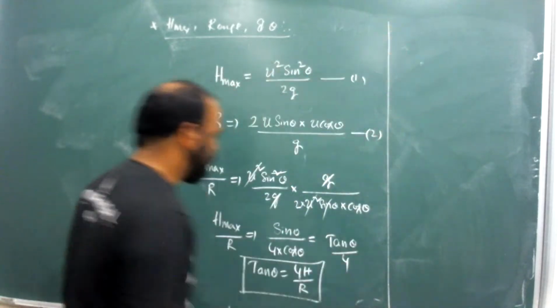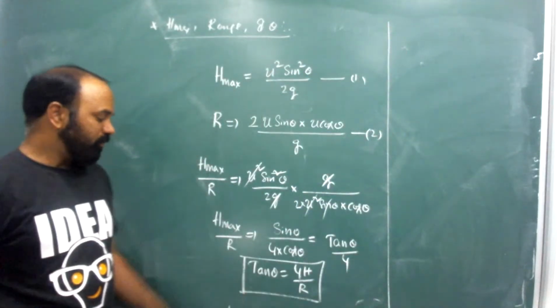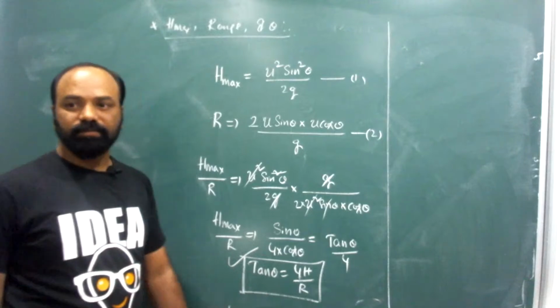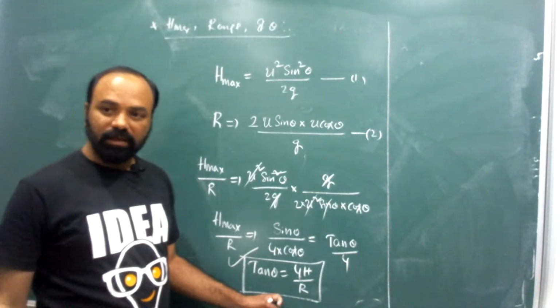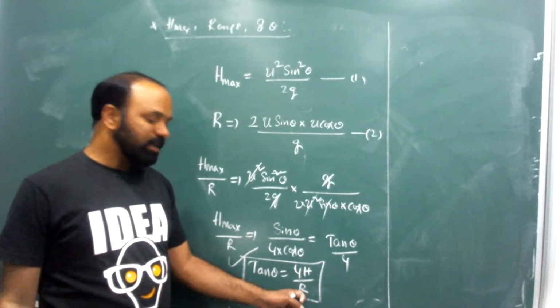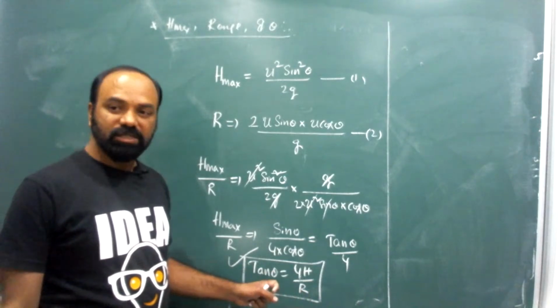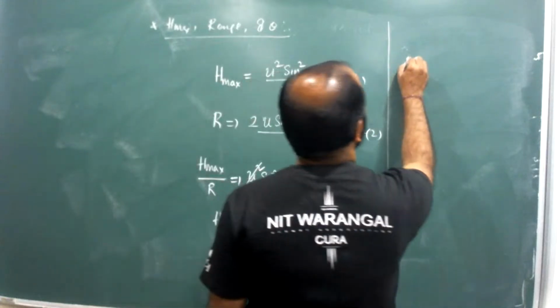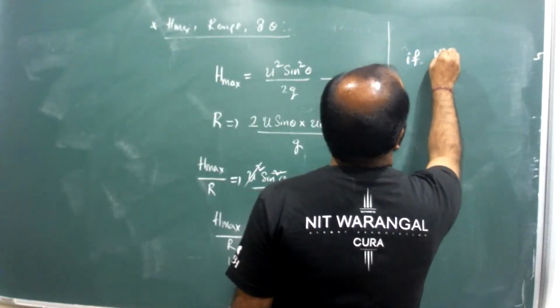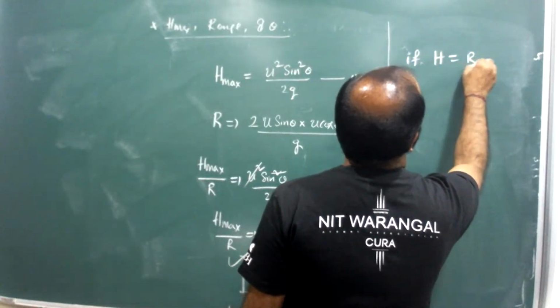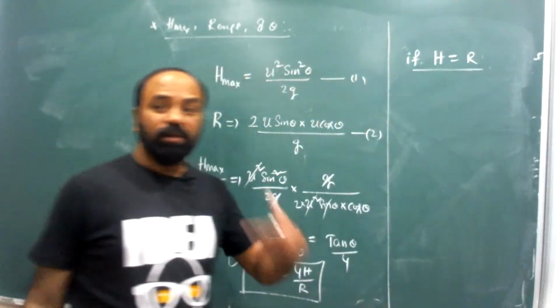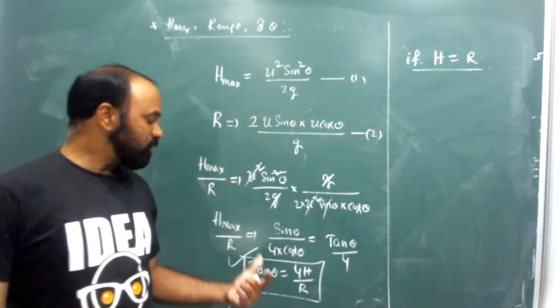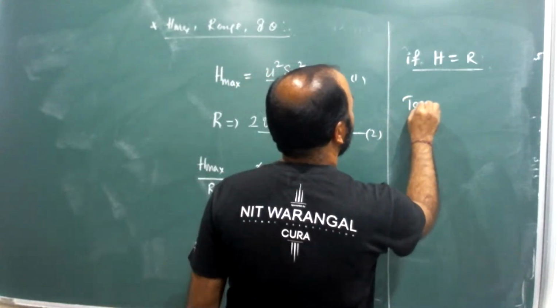Okay, we can use this as a shortcut formula. Sometimes they will give H and range, and they may ask the angle of projection. In such a case, we can use tan theta equals 4H by R. Similarly, if the maximum height equals the range, what is the formula?